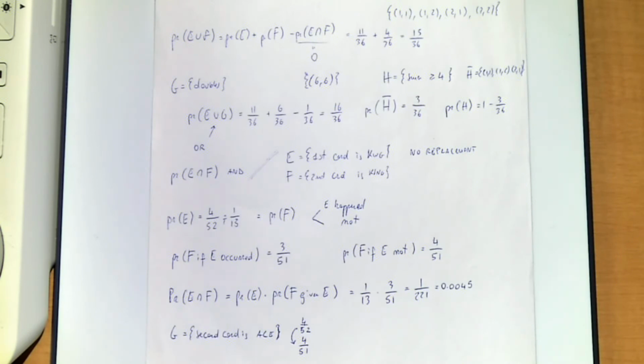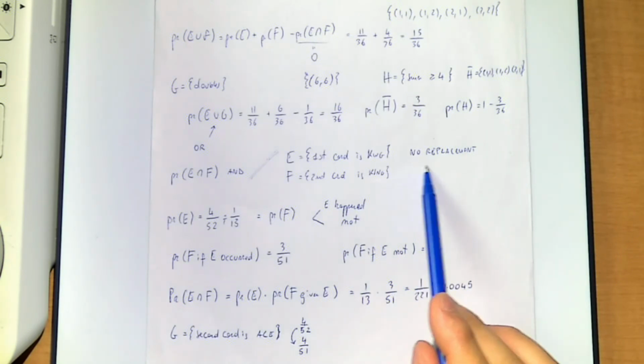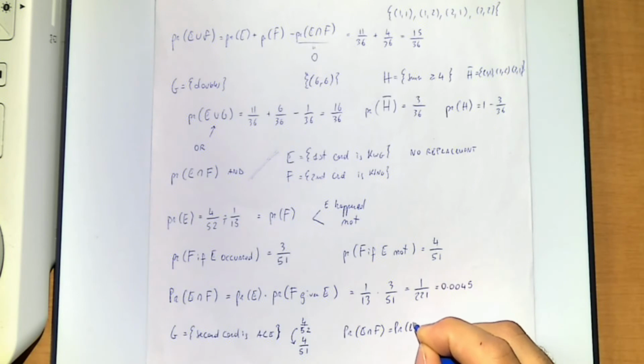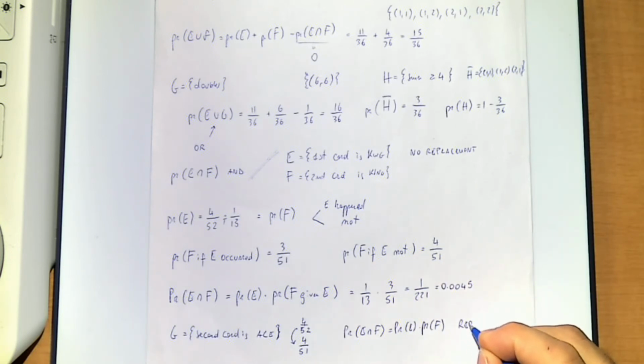Now, of course, this was in the case where we had no replacement. If we do get a replacement, so if we draw a card and then put it back, then obviously the probability is the same at each step. And in that case, the probability of E intersection F is equal to the probability of E times the probability of F, with replacement.